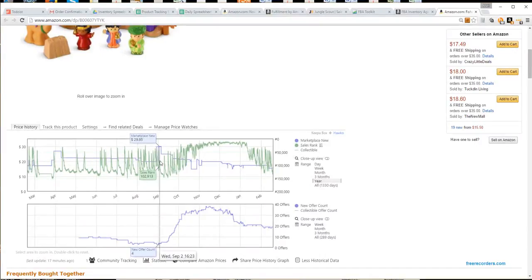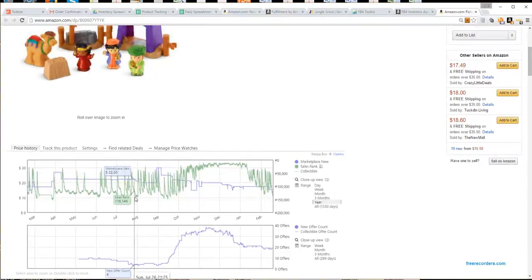At the time it was $29.95. If we went back 3 months, $22.30. The sales rank is a bit average. It's not good, it's okay, around 110,000.